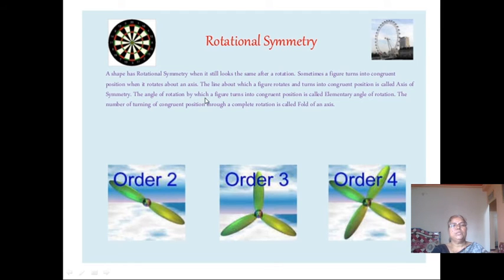The angle of rotation by which a figure turns into congruent position is called the elementary angle of rotation. The number of turnings of congruent position through a complete rotation is called the fold of an axis, and depending on the repetition of the same position of the crystal, we can have a two-fold axis, three-fold axis, four-fold axis, five-fold axis, and six-fold axis.